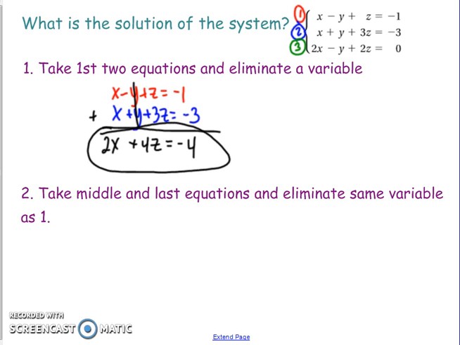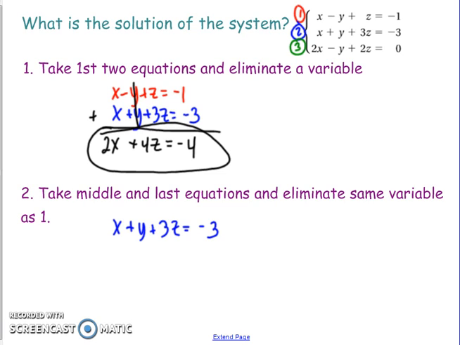So we used 1 and 2. Now we need to use the last equation that we didn't use with one of the other 2. It doesn't matter if we use 1 and 3 or 2 and 3, but we need to use 3 for sure. So I'm just going to take 2 and 3 and put them together. So I'm going to take x plus y plus 3z equals negative 3.